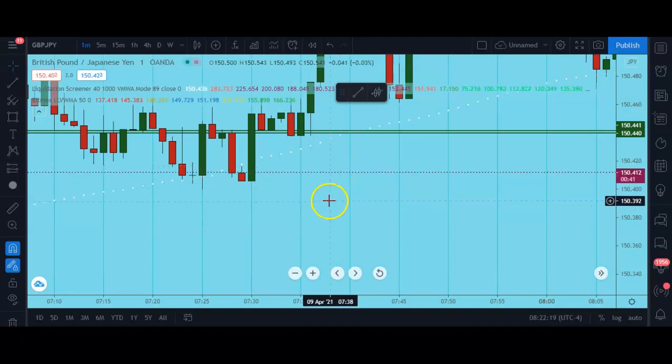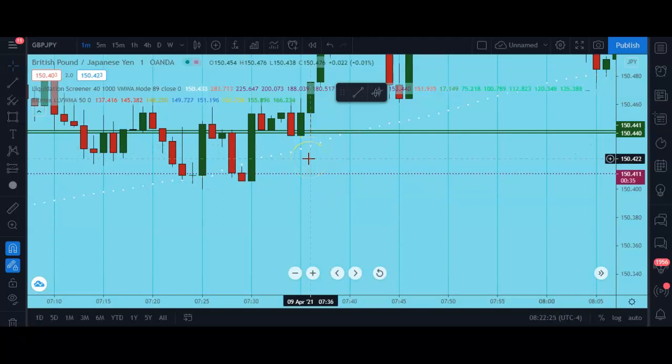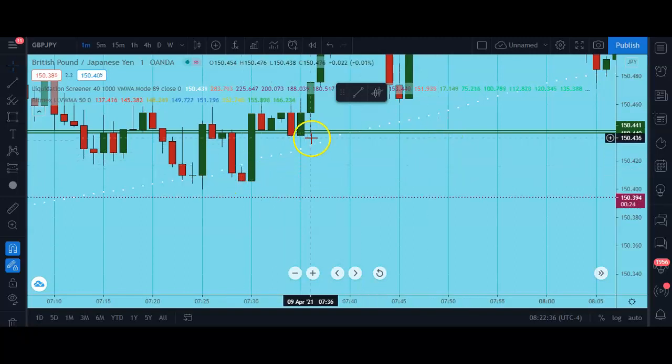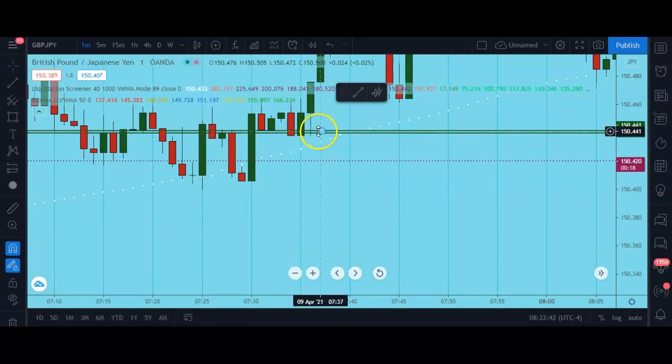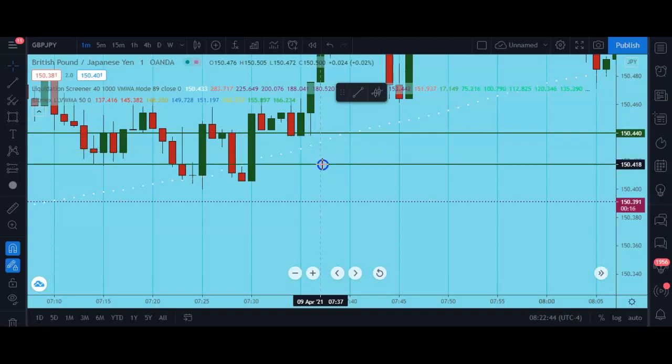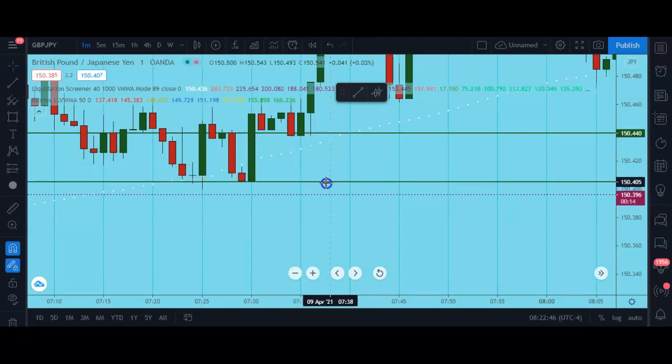And we got 42 seconds left, so it could very well come back up. Price is all the way down here.